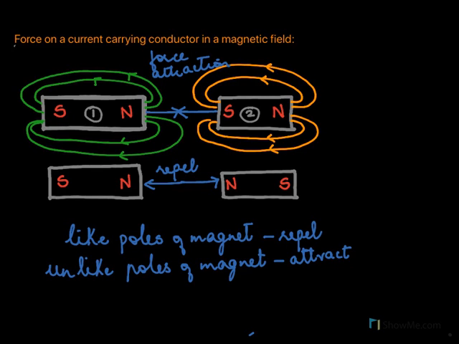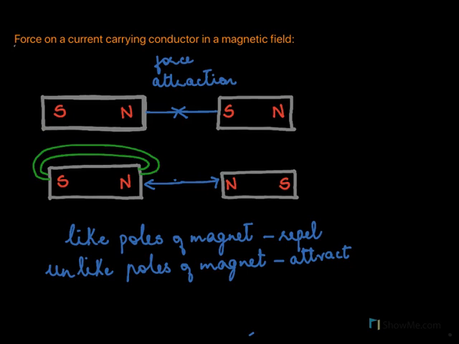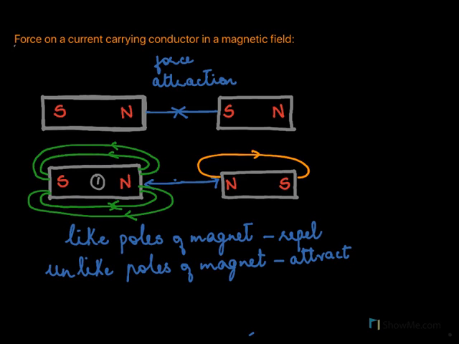The same thing would happen in the second case. Magnet 1 will have its own field, magnet 2 also will have its own field, and these two fields interact to produce a force. So here magnet 1 has its own field, which is from north to south, and magnet 2 also has its own field, from north to south.